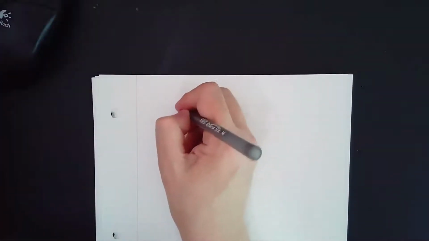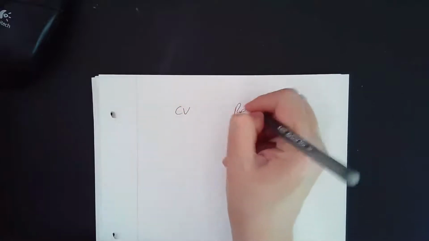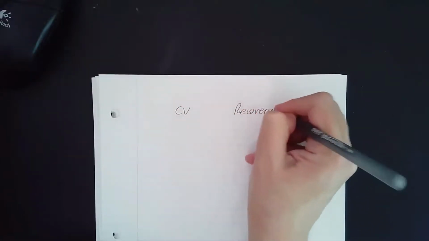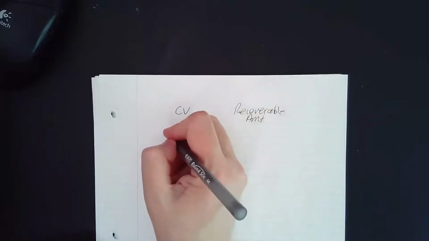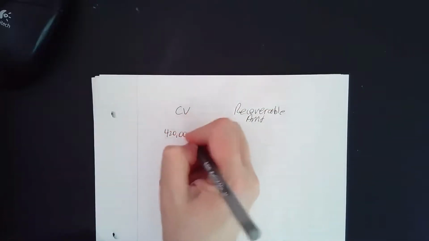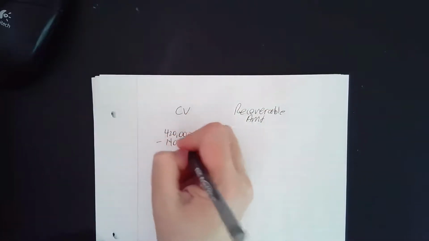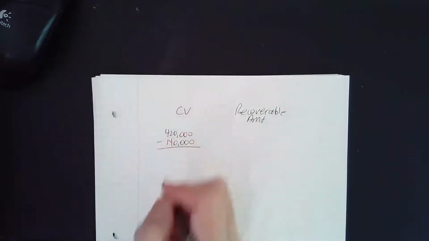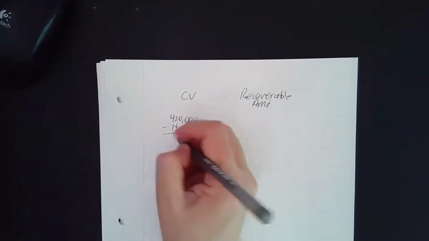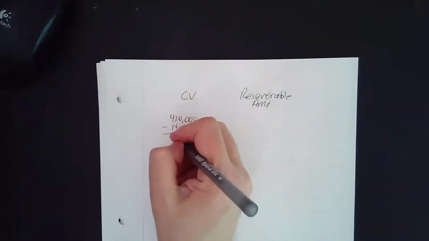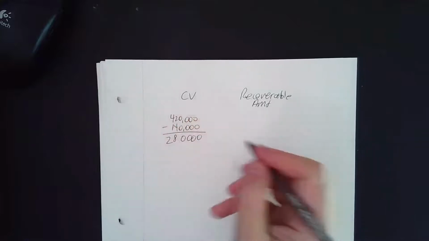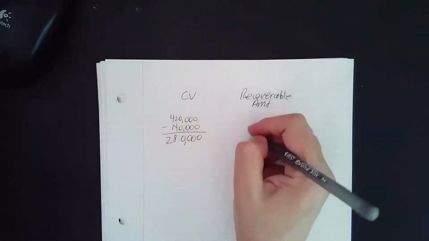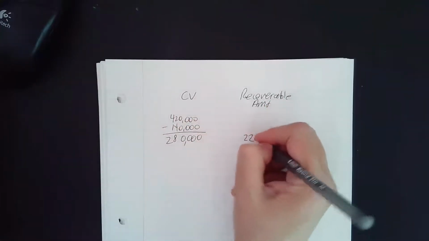So now I've got to compare the carrying value to the recoverable amount. Carrying value is, of course, the 420,000 minus the 140,000, which is equal to $280,000, and the recoverable amount is $220,000, so impaired.